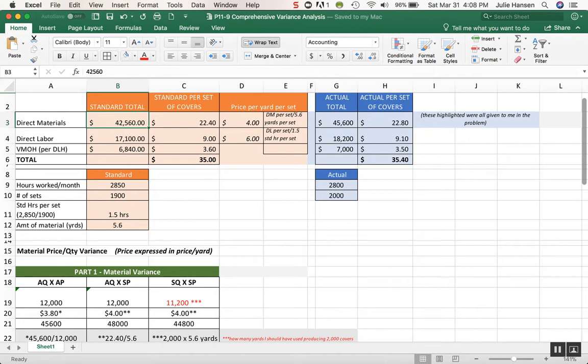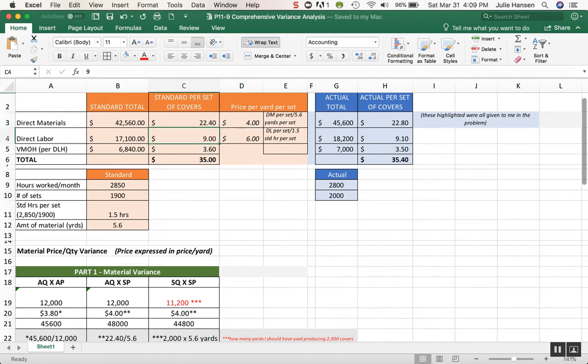And again, you can see that in the first orange box up over here, and that meant that the standard per set of covers was $22.40. So my additional step was how much was that per yard, and so what I did is I said, well, it's $22.40 per set, and each set should use 5.6 yards of material, so I just divided that to say that that was $4 per yard.